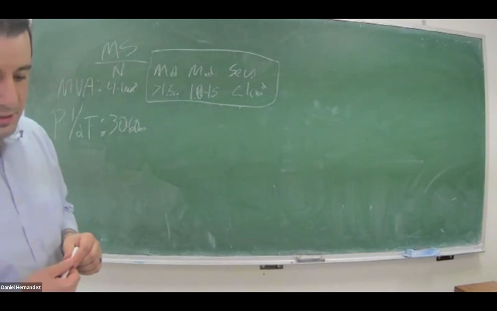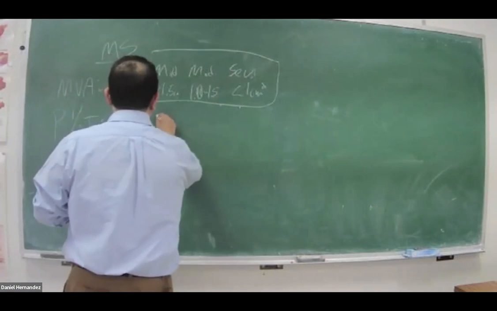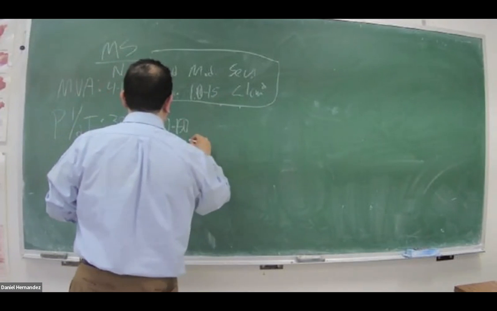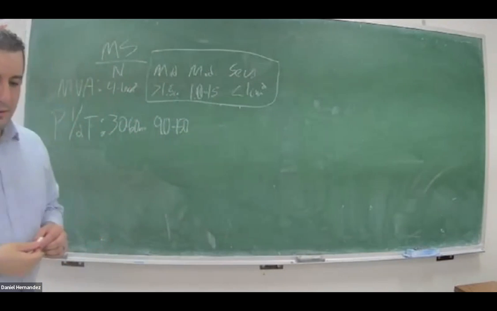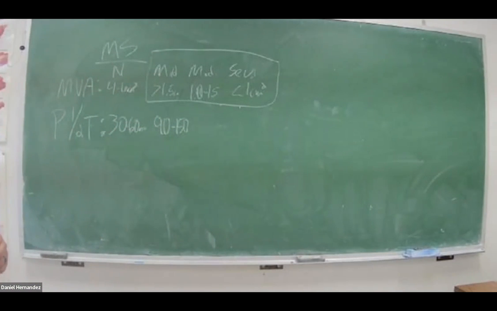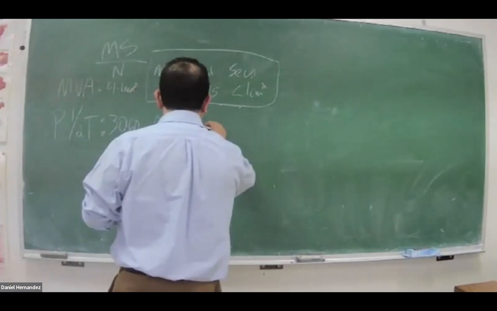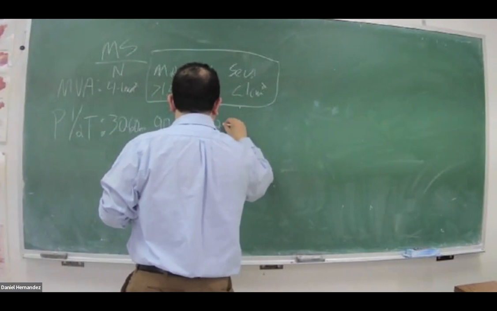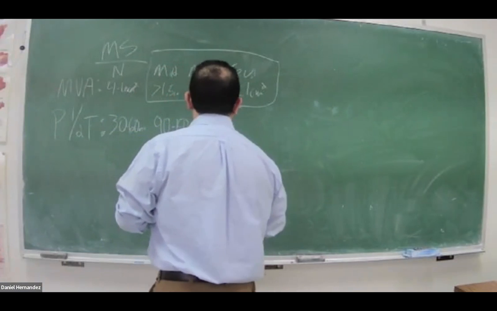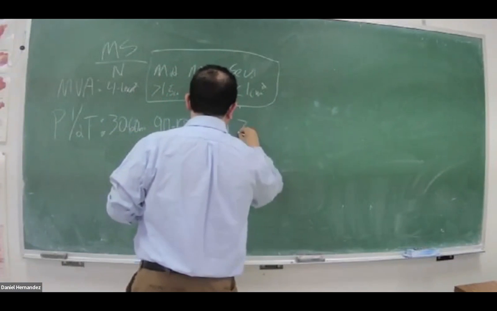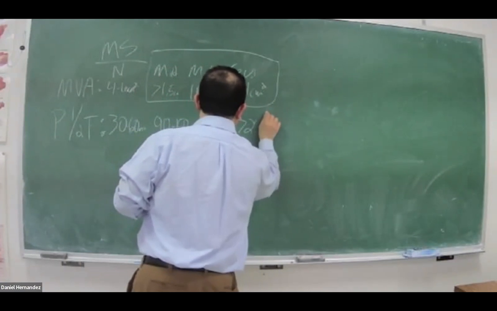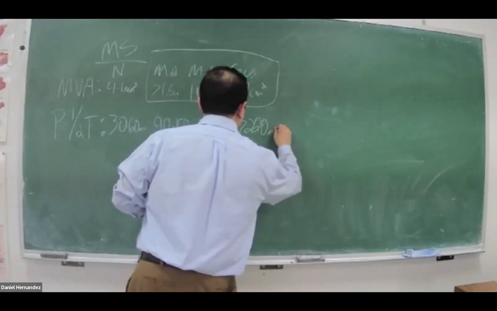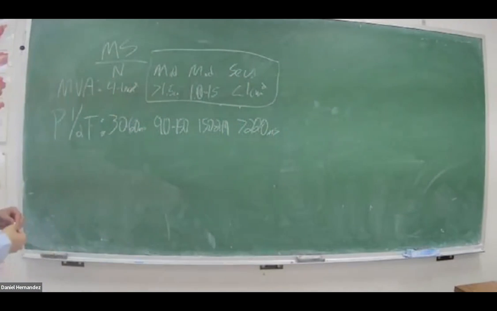For mild stenosis, you have 90 to 150. Moderate is 150 to 219. And then severe is a pressure half time that's going to be greater than 220. Oh, sorry. And that's milliseconds.